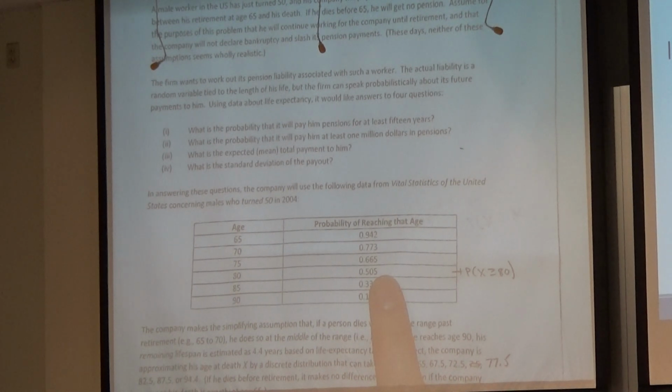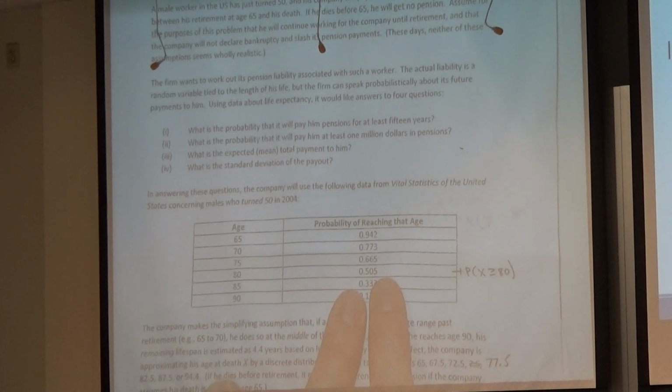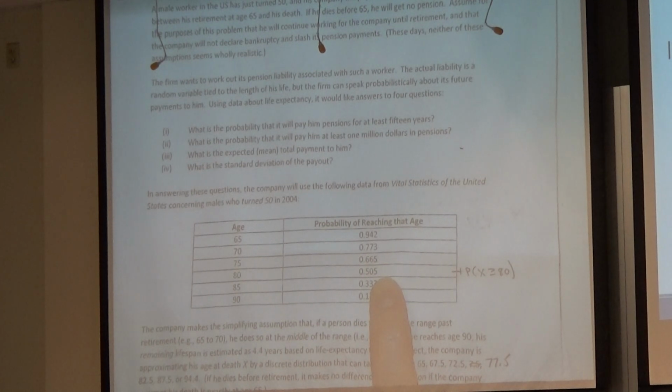In terms of answering the questions, did I have to do all that to answer question 1? No, not really. Question 1 asked, what's the probability I die after 80? And it actually told me right here: it's 0.505. So I could have just read that directly from the table. And what about 2? It says the company's payouts will be at least $1 million.